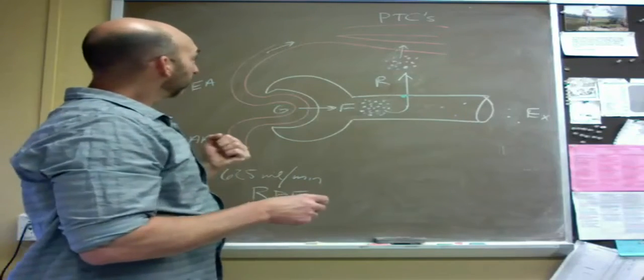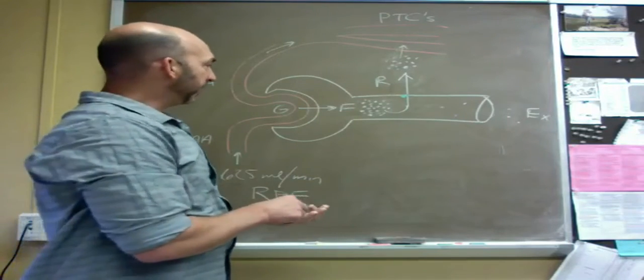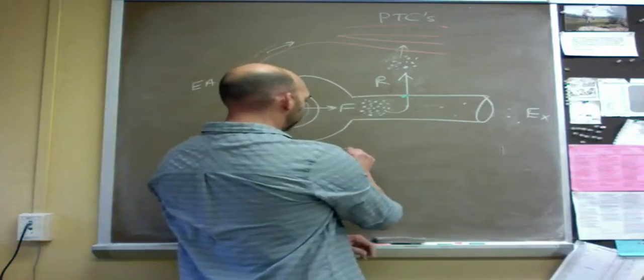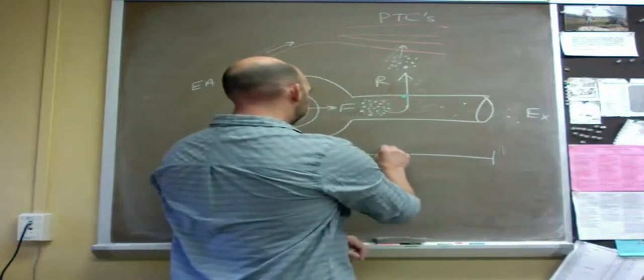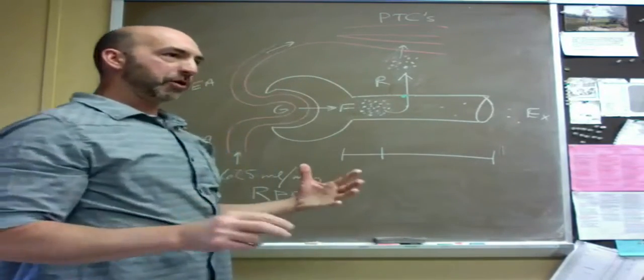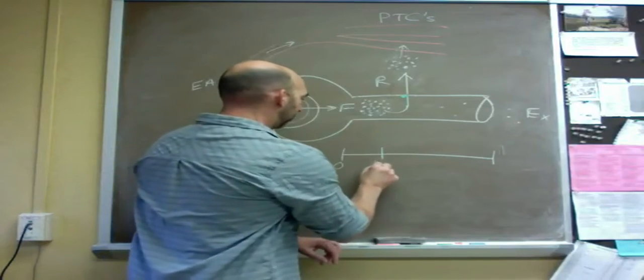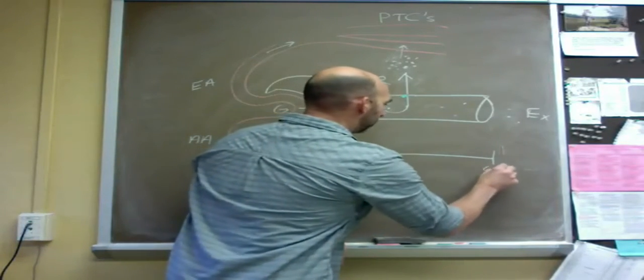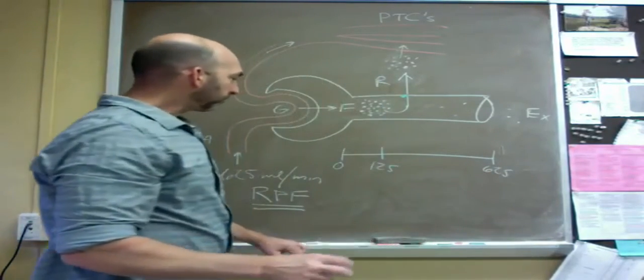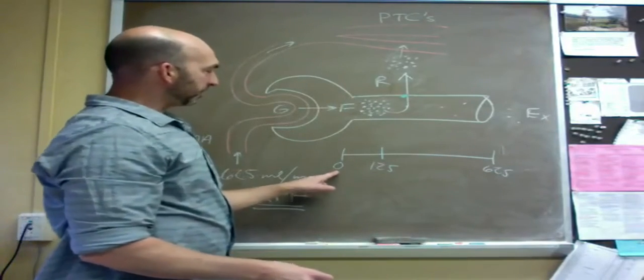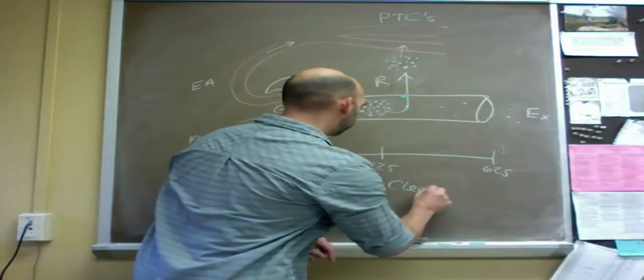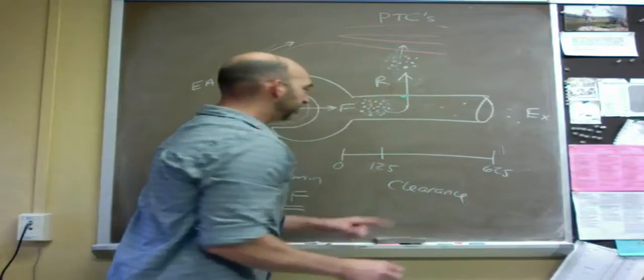Okay, that's clearance, right? We end up with a scale. Don't forget our scale. It shows us the benchmarks of 0, 125, and 625. 0 is what we were just talking about, so this is clearance. The units are what I said before.